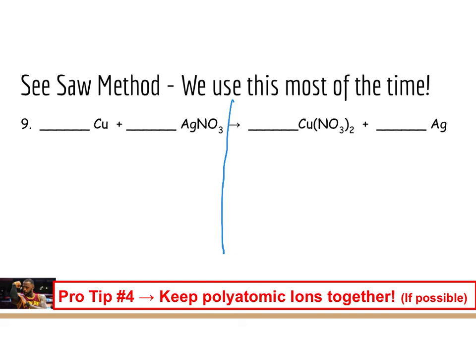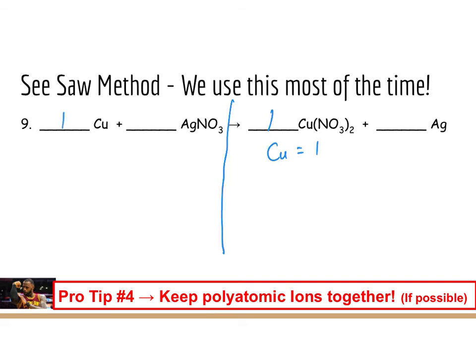My Cu, let's follow that pro tip of putting a 1 next to the scariest element, the thing that worries us the most. For me, there's a lot going on in this one right here. There's parentheses, there's multiple subscripts. So I put a 1 next to that, and I'm going to start balancing off of that. So my Cu, I have 1.